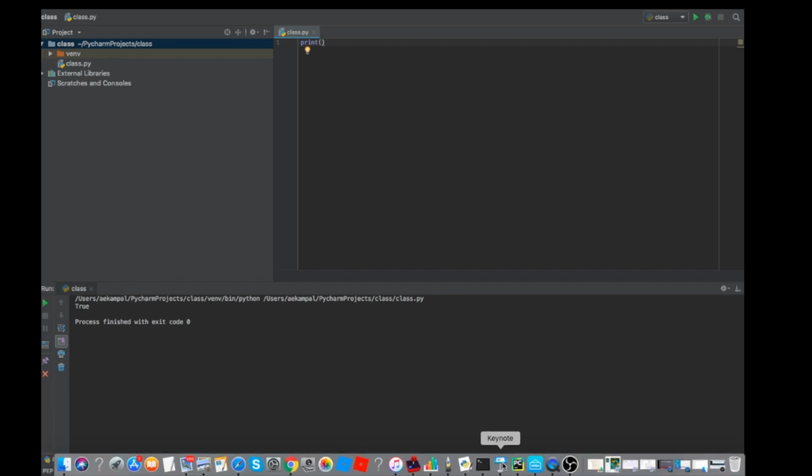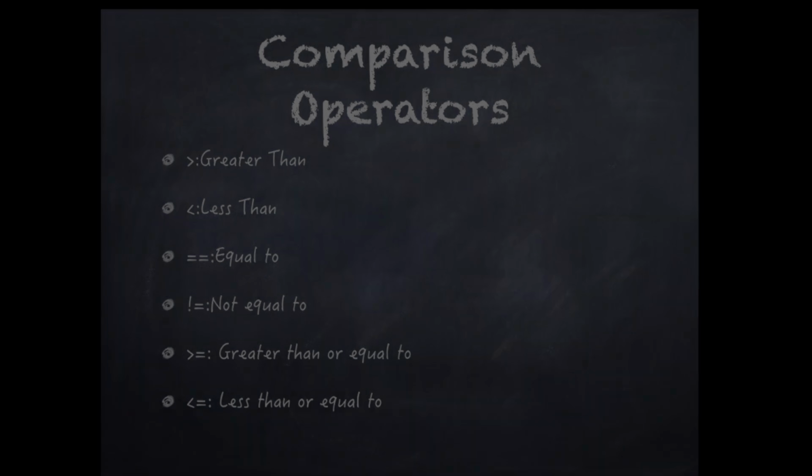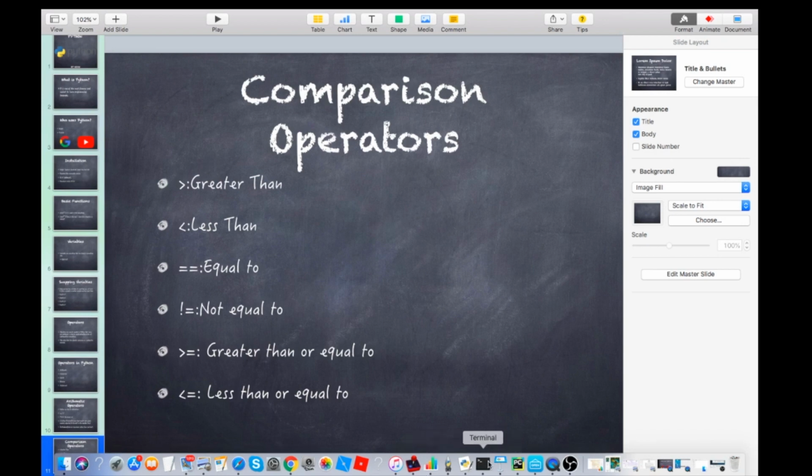So then the next two are greater than or equal to. In other words, it can't be less than it. And the other one is less than or equal to, which means it can't be more than it. It can maximum be equal to it. So let me show you here.